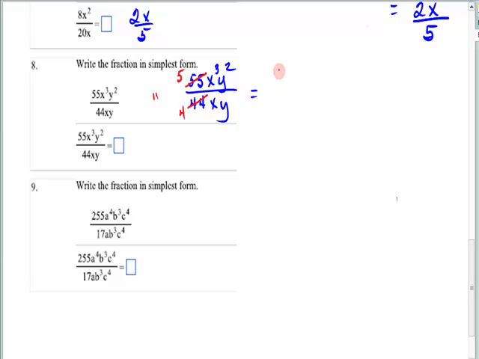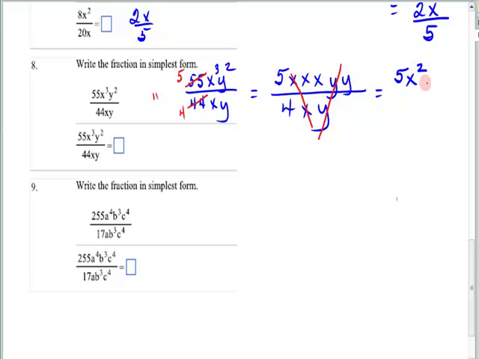So I have 5 x x x y y over 4xy. Divide out the common variables, x, y, and I get 5. X will be written as x squared with a single y, and it's over 4.